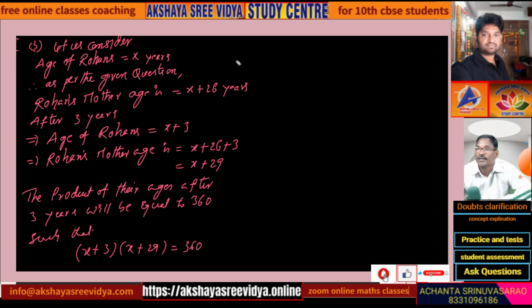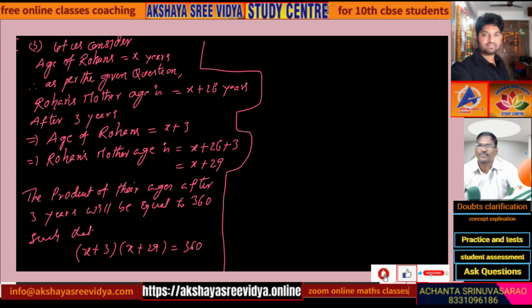This is equal to x square plus 3x plus 29x plus 87 minus 360 is equal to 0.